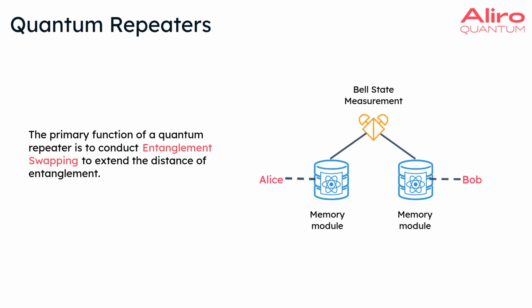Similarly, we'll have Bob entangled with another memory module at the repeater. Once we have those, we can emit those entangled photons to a Bell State Measurement Station to do this entanglement swapping operation. And essentially what that does is extend the distance of the entanglement such that now Alice and Bob are directly entangled.